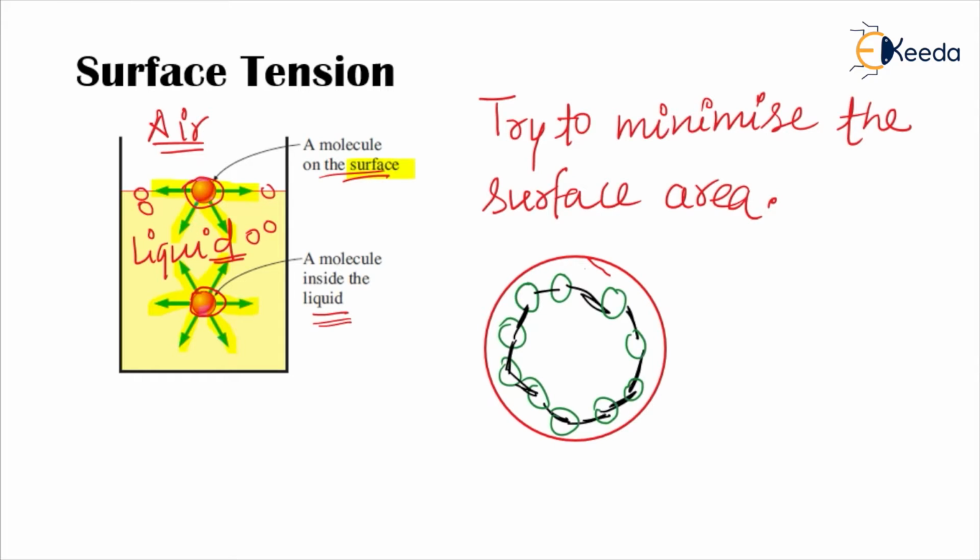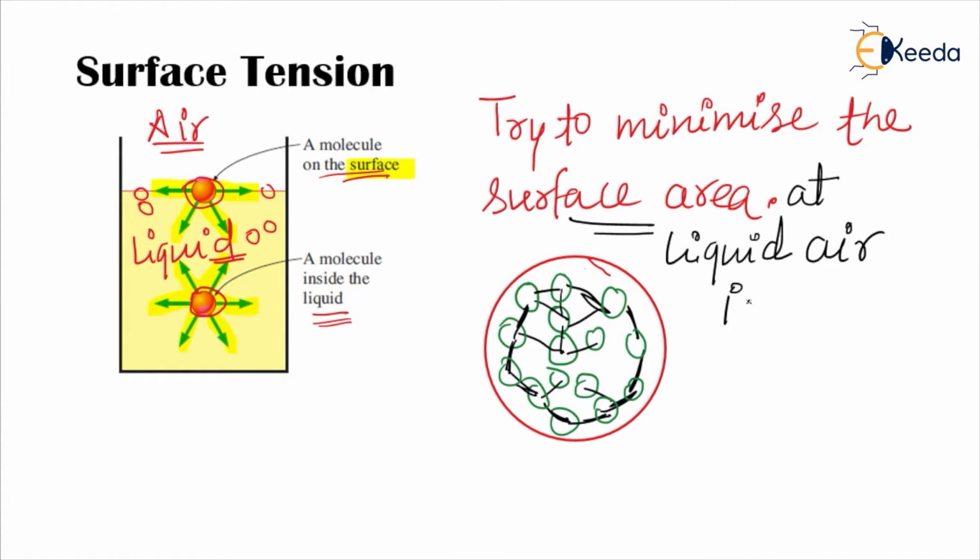It is not the case that there will not be any surrounding molecules. Obviously, there will be other molecules as well. They will be attracted towards each other like this. So ultimately, what happens? They try to minimize their surface area, the surface area at the liquid-air interface.